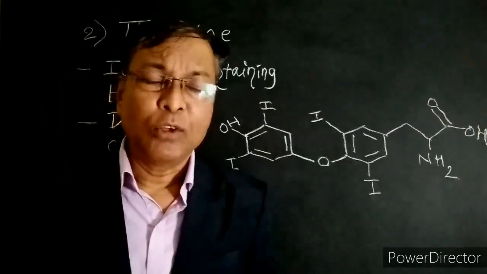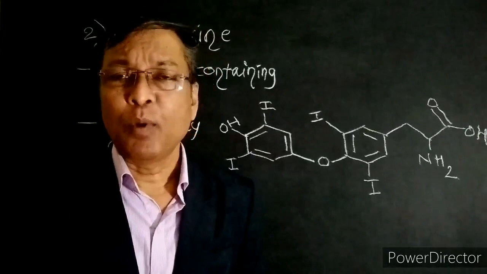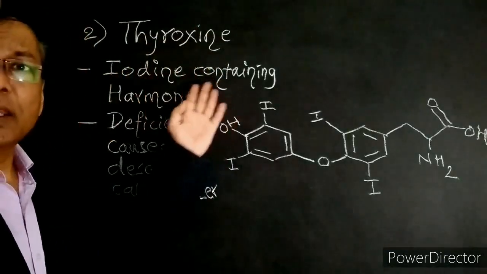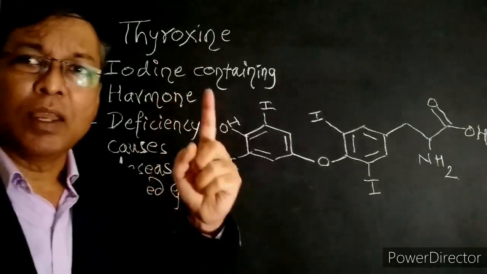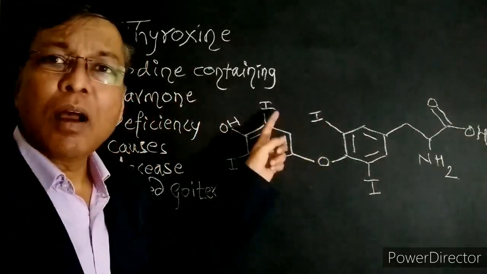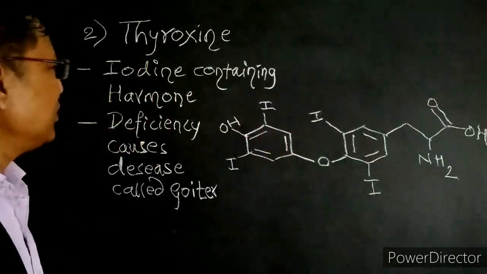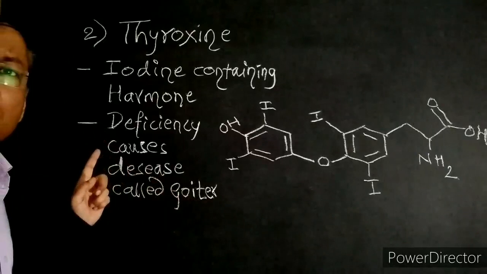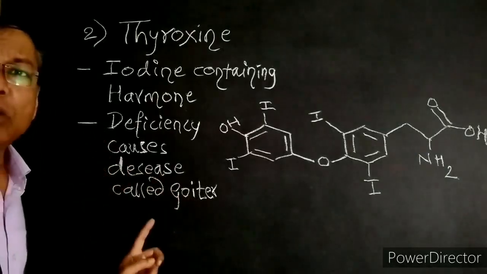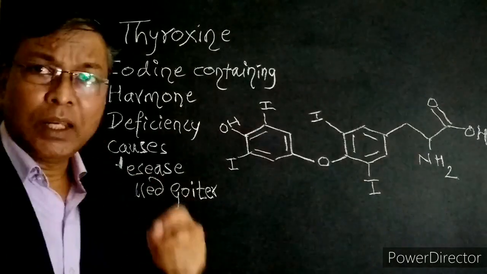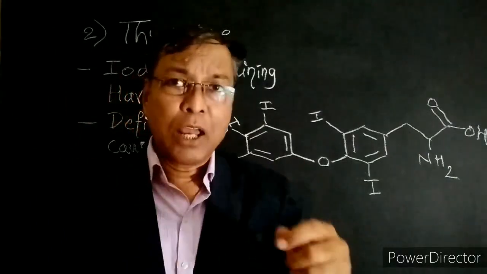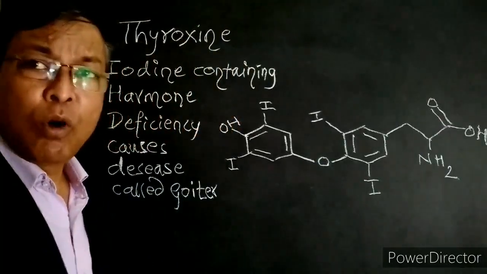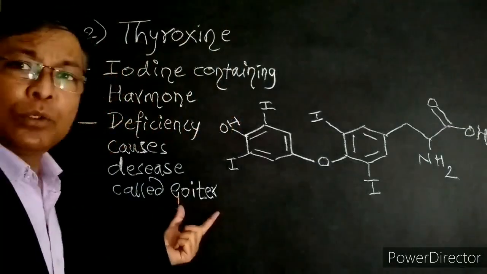The next halogen containing organic compound is thyroxine. Thyroxine is an iodine containing hormone. It contains iodine atoms, and deficiency of thyroxine in the human body causes a disease called goiter, which is related to the neck.